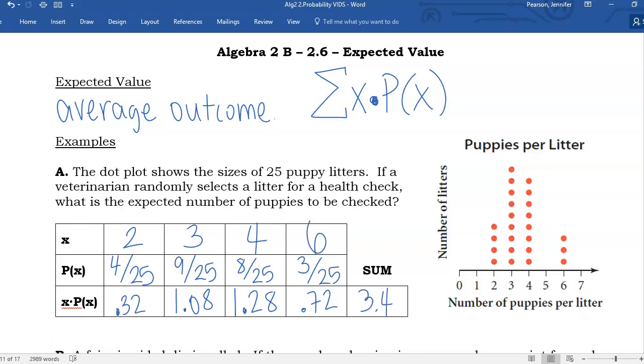So if this process were repeated multiple times, the average number of puppies to be checked is 3.4 puppies. And that is expected value. Next example. Looks like my scroll's not working.